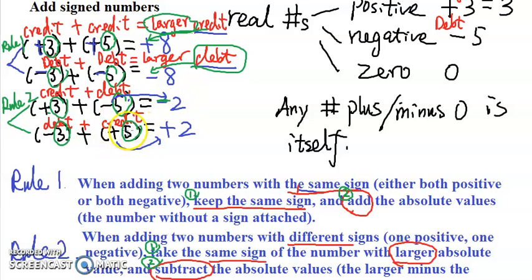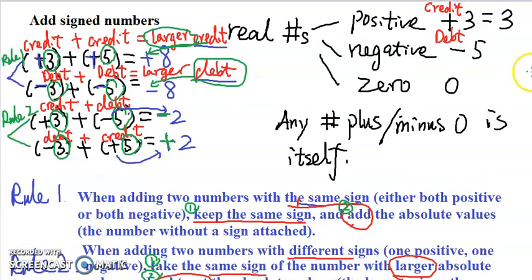And similarly, if we have more credit than debt, then we will be in credit. We will get positive. And then how much more credit? We take $5 credit, subtract $3 debt, and they give us $2 more credit, and to do the subtraction. So these are the rules.